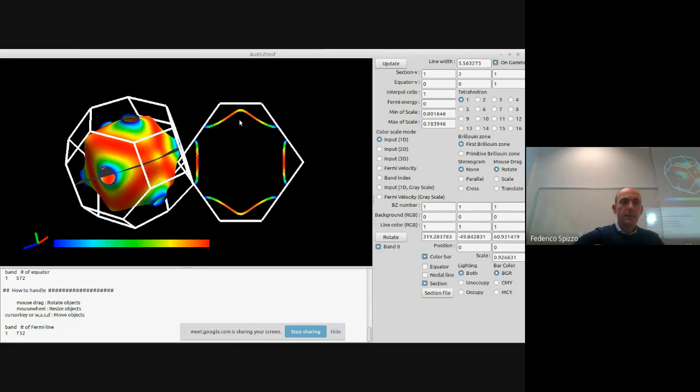So the electron that is traveling along, for instance, this branch of the intersection, if that electron follows the path, then in principle, the wave vector may exit the first zone and reach the second one. And so that's why this structure is called open orbit.